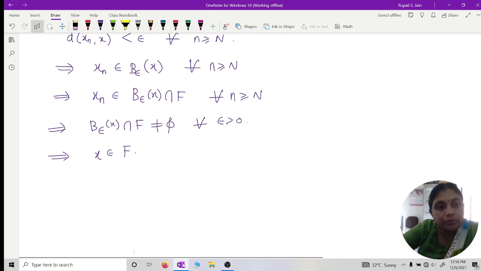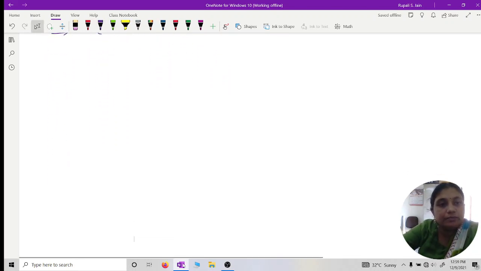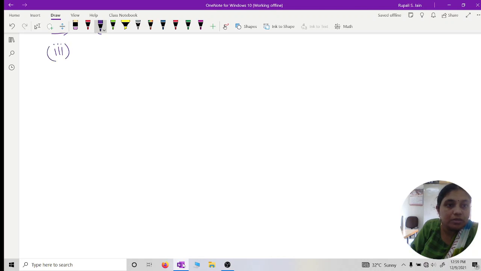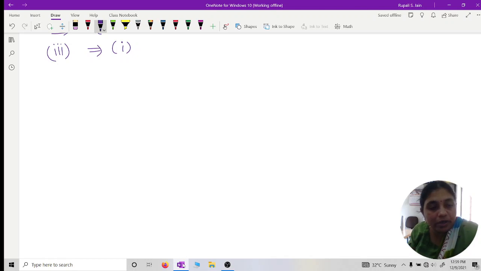Now I want to prove 3 implies 1. Assume the third statement is true and prove that the first is true, that F is closed.